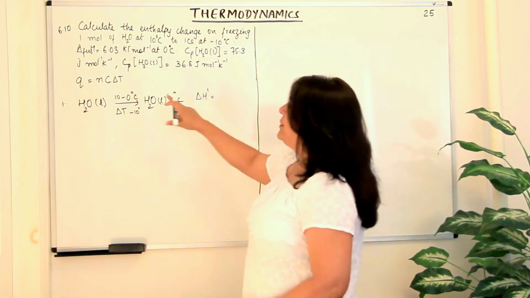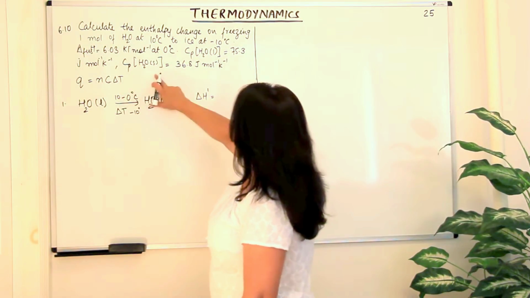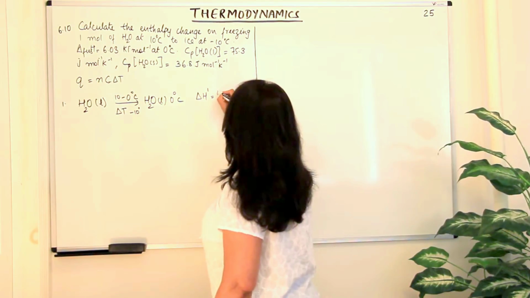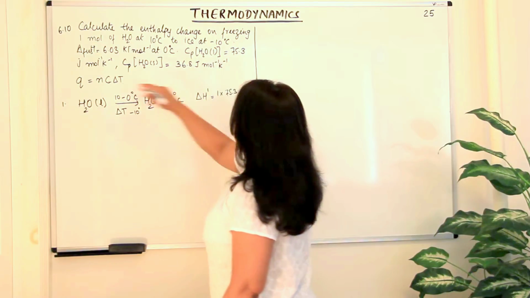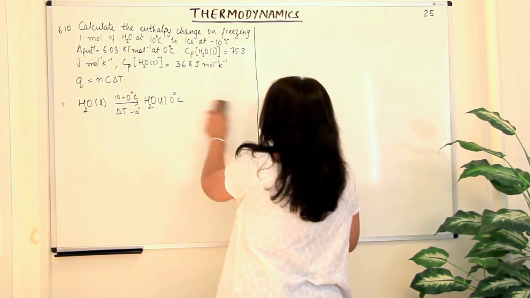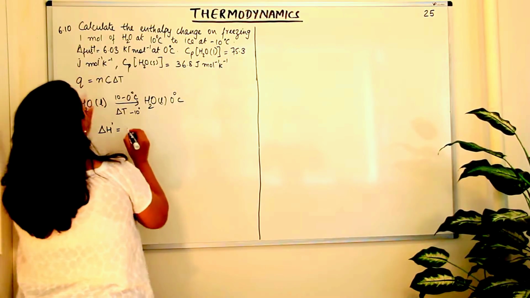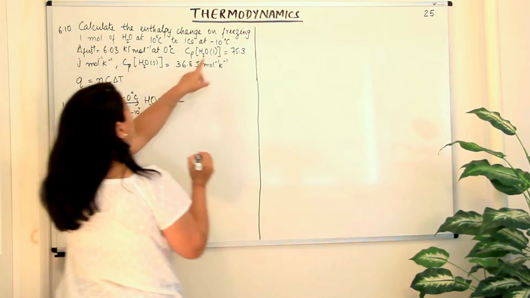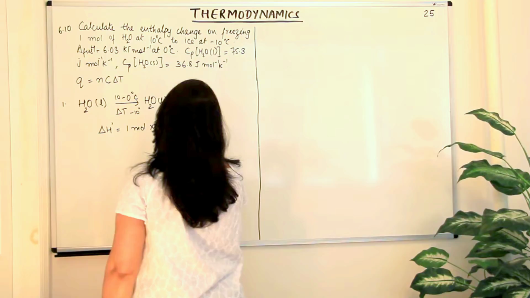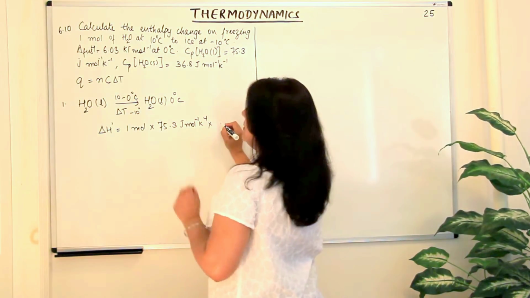In delta H1, Q is equal to n, the number of moles, which is 1 mole, into C, the specific heat of water in the liquid state, which is given to us as Cp of water, liquid, 75.3 joules per mole per Kelvin, into the difference in temperature, which is a decrease in temperature by 10 degrees.